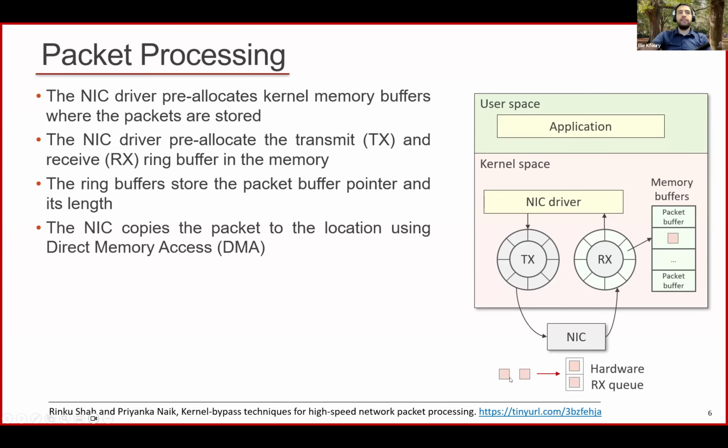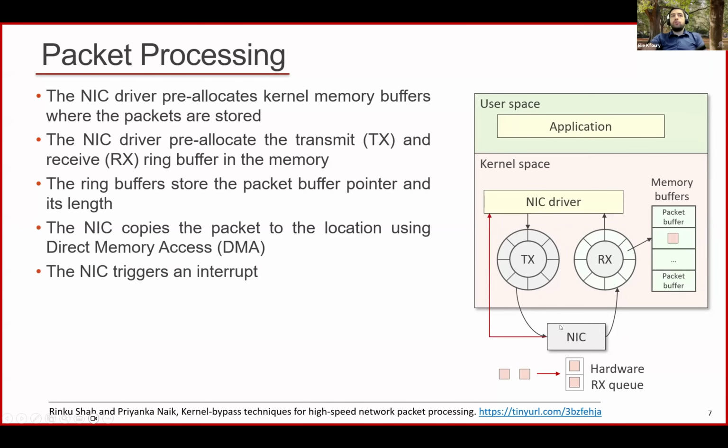Whenever a packet arrives at the network interface card, the NIC, first it is stored in a hardware receive queue. And then the network interface card copies that packet to the memory. It uses a technique called DMA, or direct memory access. The idea here is to not involve the CPU in this copy so that we can get better performance.